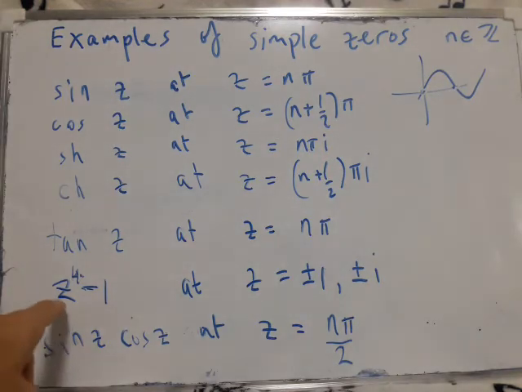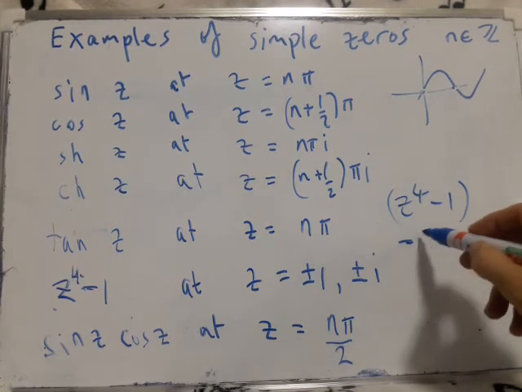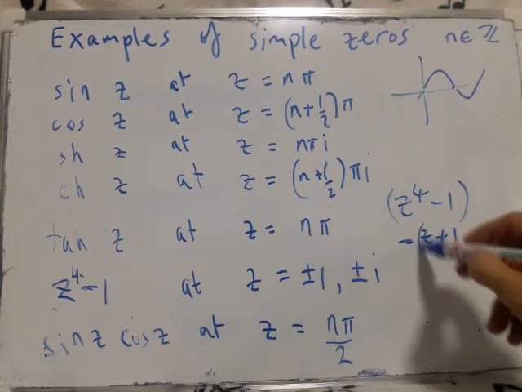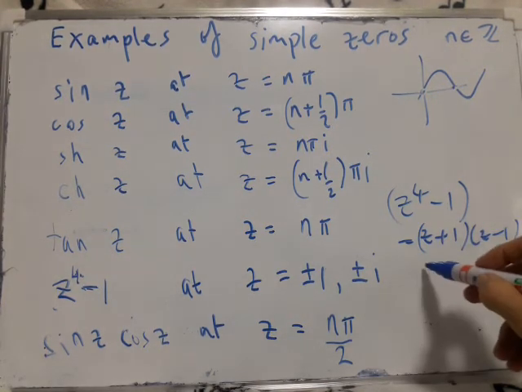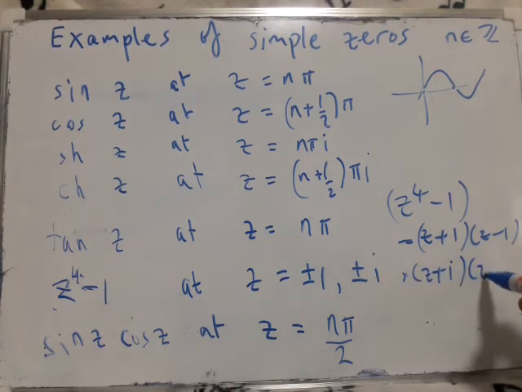In this example, z to the 4 minus 1, the way to think about this one is that we can factor it. So z to the 4 minus 1 is simply z plus 1 times z minus 1 times z plus i times z minus i. So obviously z equals plus or minus 1 or z equals plus or minus i give us 0.